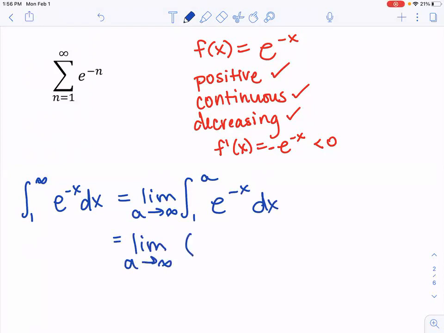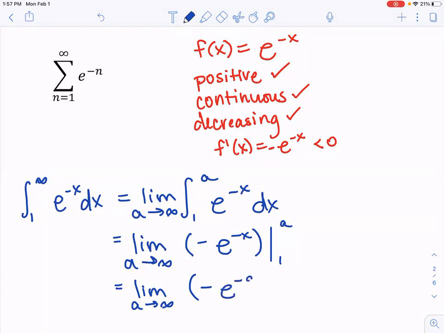So our antiderivative would be negative e to the negative x, right? Evaluated from 1 to a. When we use the fundamental theorem of calculus, which I got to teach to my AB kids today, they finally know that shortcut.